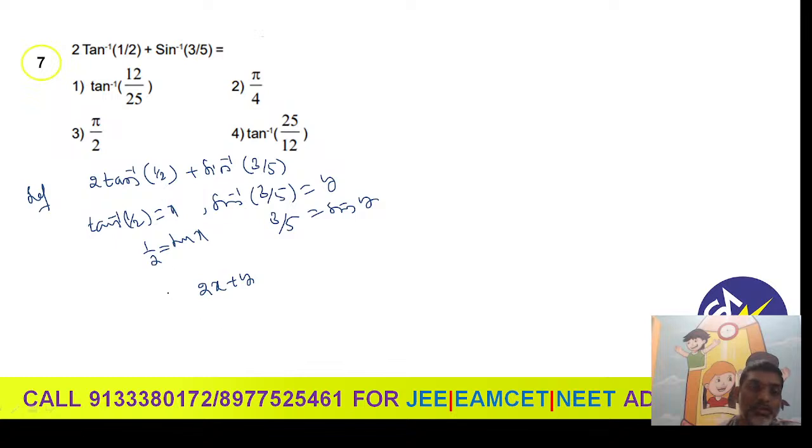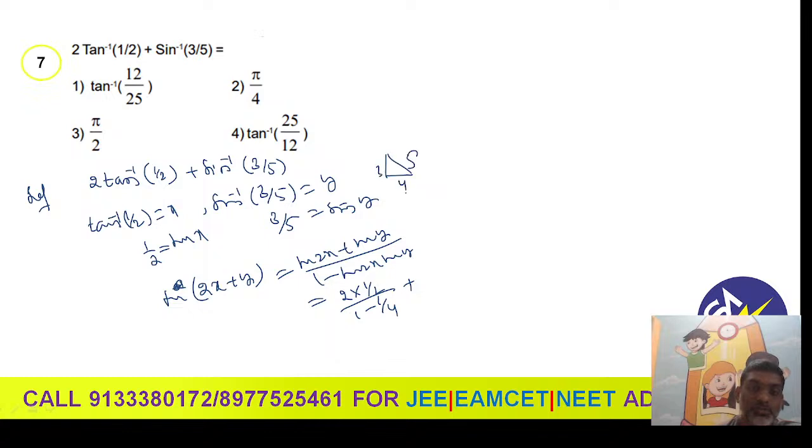Anyway, here tan is there, no? So take out tan of 2x plus y. Tan 2x plus tan y divided by 1 minus tan 2x into tan y. So what is tan 2x? 2 tan x by 1 minus tan square x, 1 by 4, plus tan y, 3 by 4, divided by 2 gets cancelled, 4 minus 1, 3 by 4 means 4 by 3.